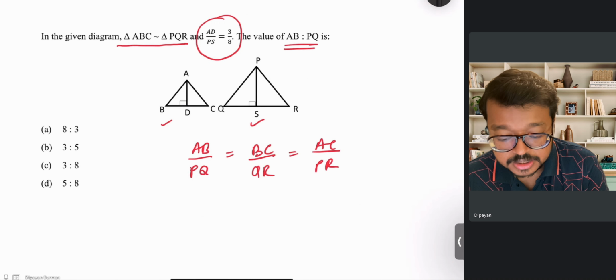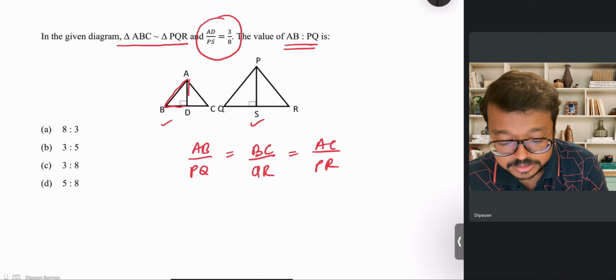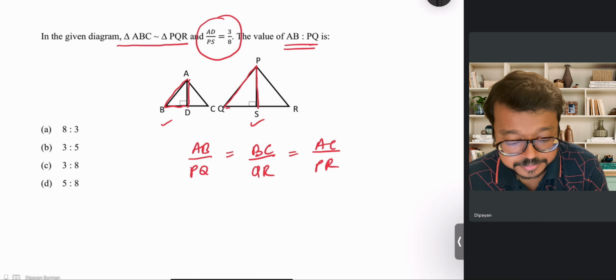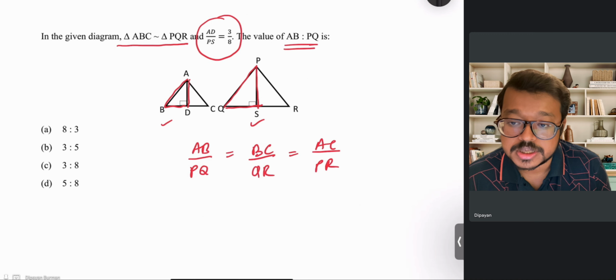If I now look at the small triangle ABD and the small triangle PQS, what can I see?